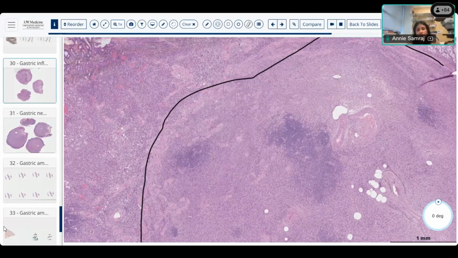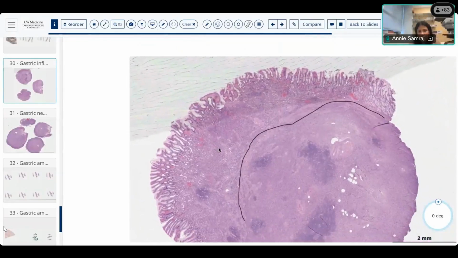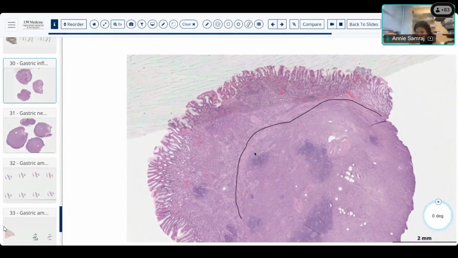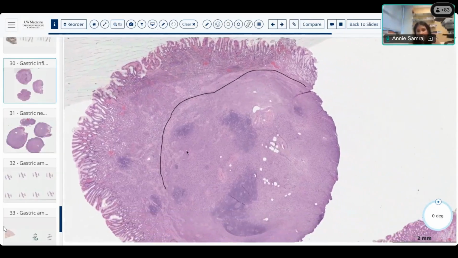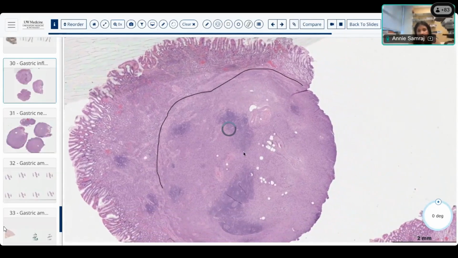That is the driving mutation, and this is a stromal neoplasm. Other names for this are Vanek's polyp, but this is a neoplasm.